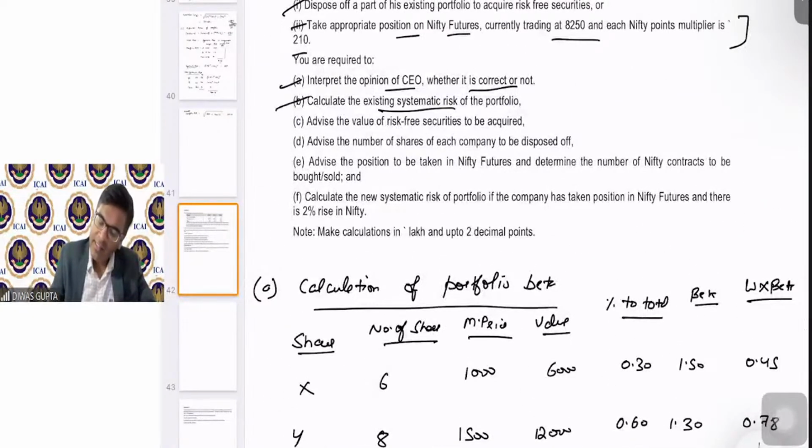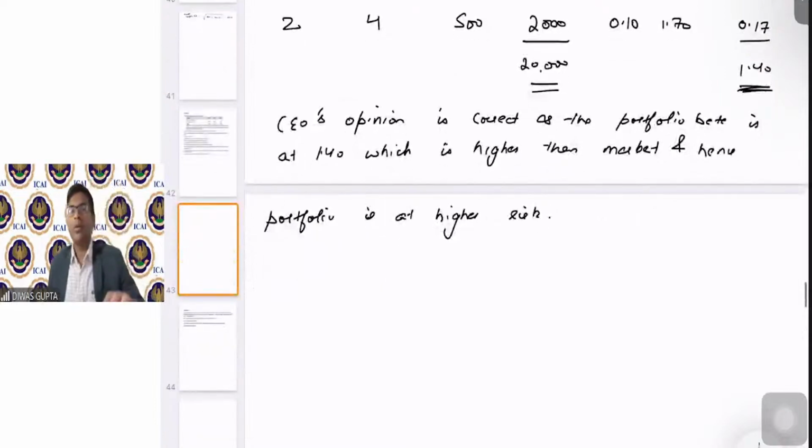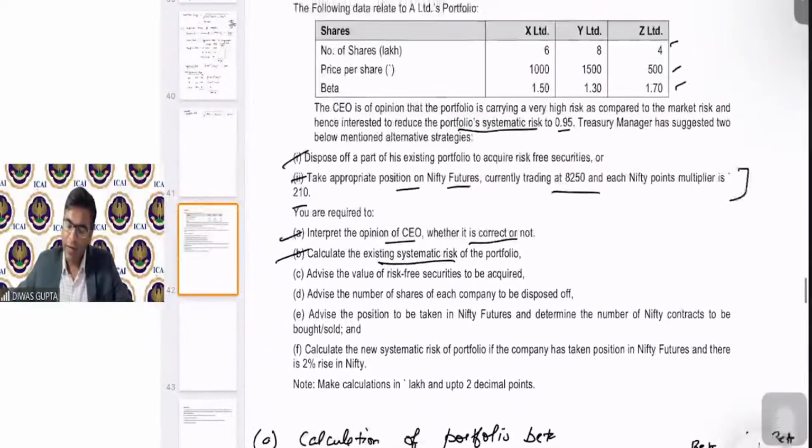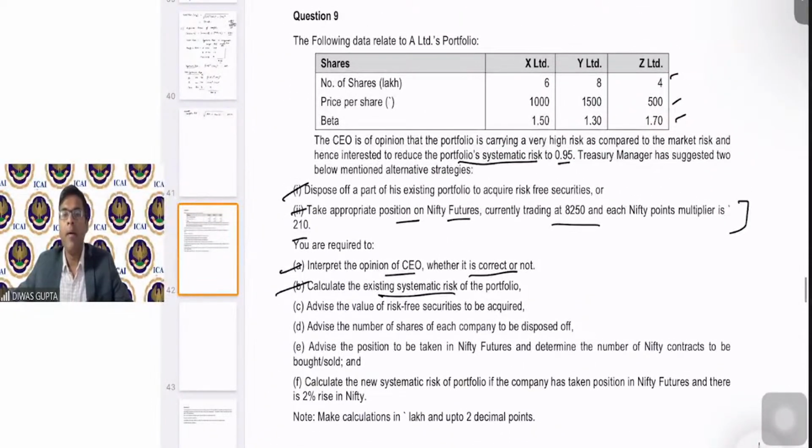Second, calculate the existing systematic risk of the portfolio. Now, students, in this case, for calculating the systematic risk, we need to know what is the standard deviation of the market, which is definitely not there. And hence, we will say that the systematic risk of the portfolio itself is equal to the beta.